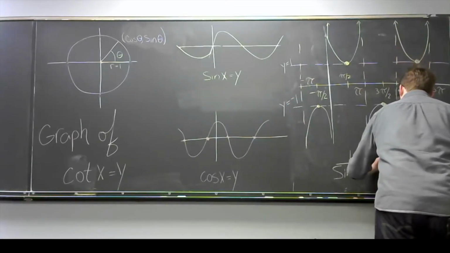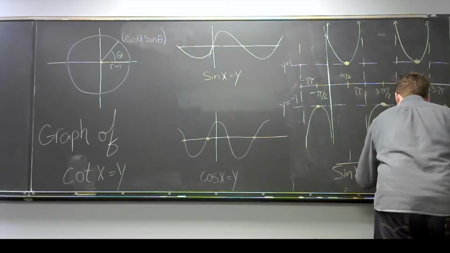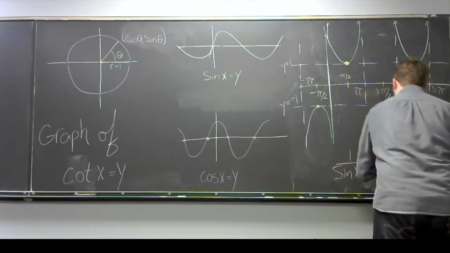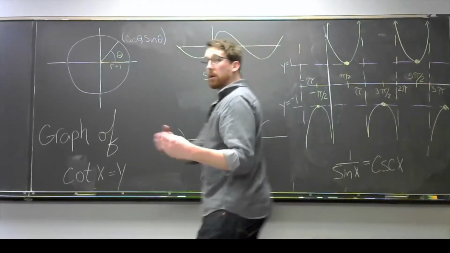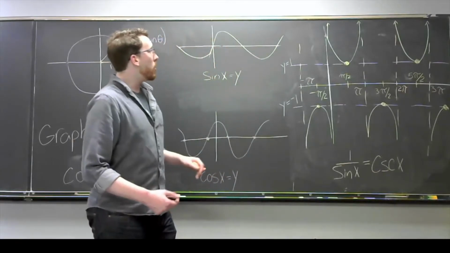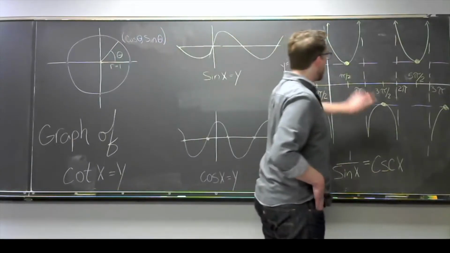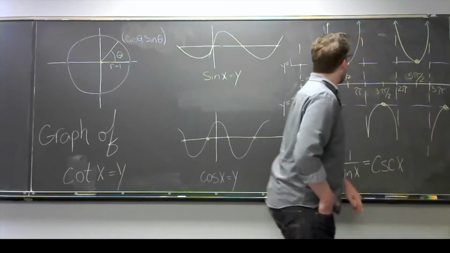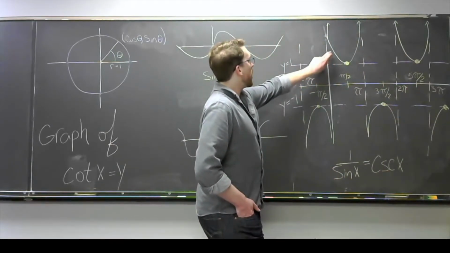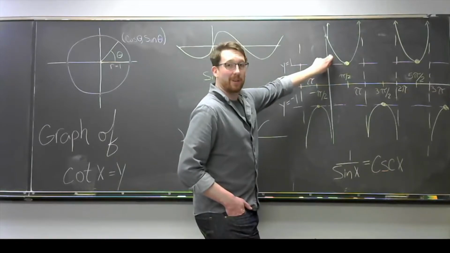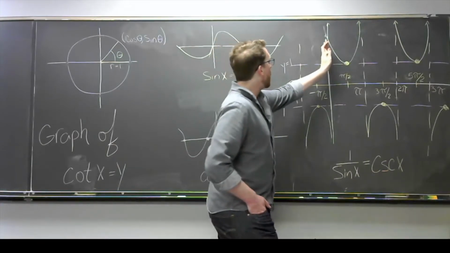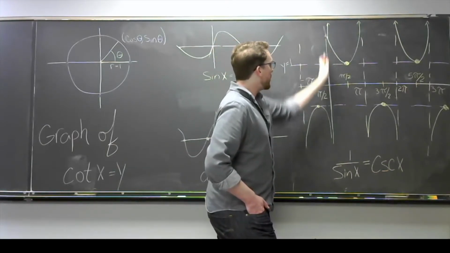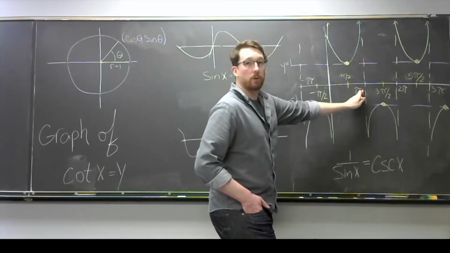which is equal to cosecant of x. So the cosecant of x is going to be the graph that looks like a bunch of u's and n's, where the first u is bounded between x equal to 0 and x equal to pi.